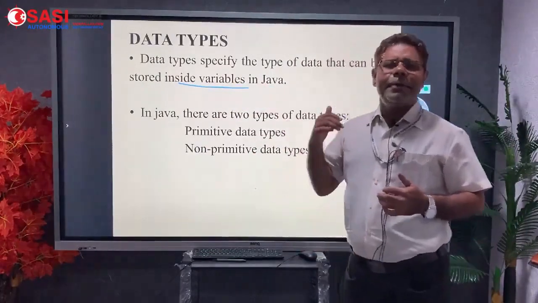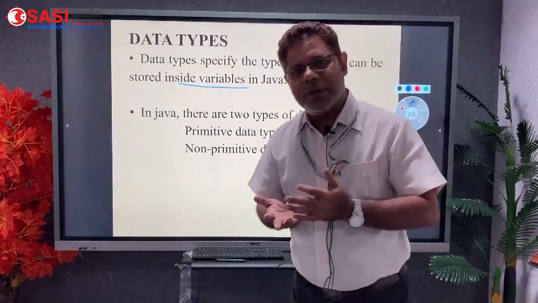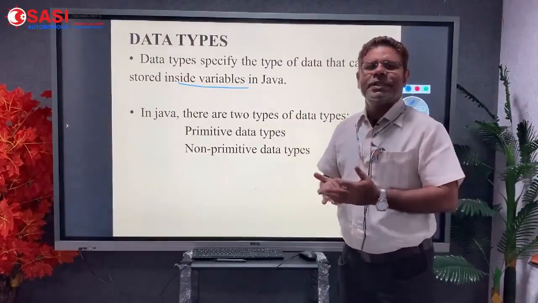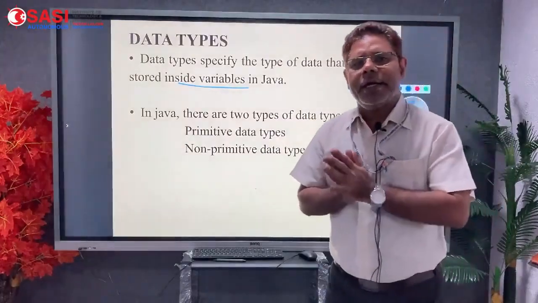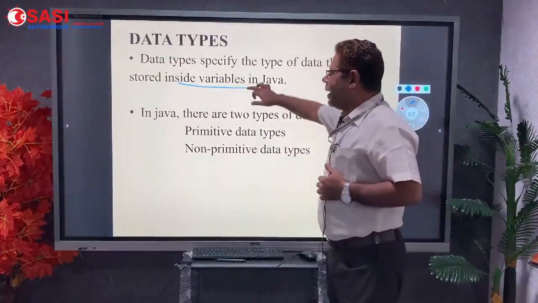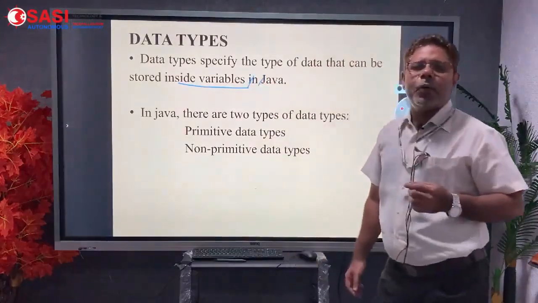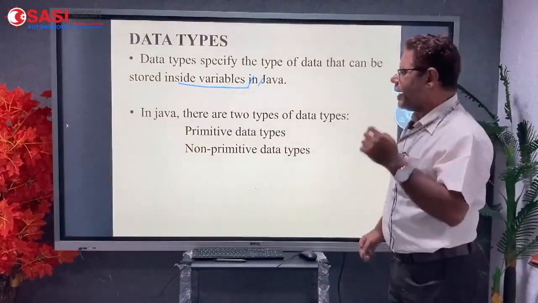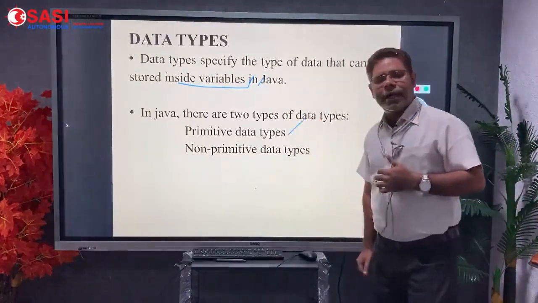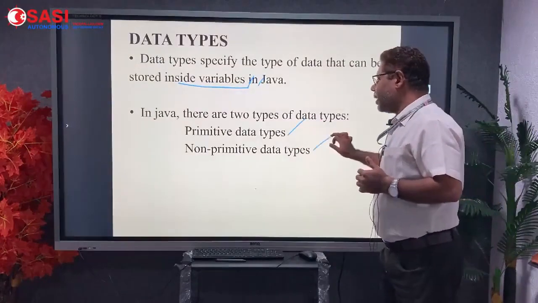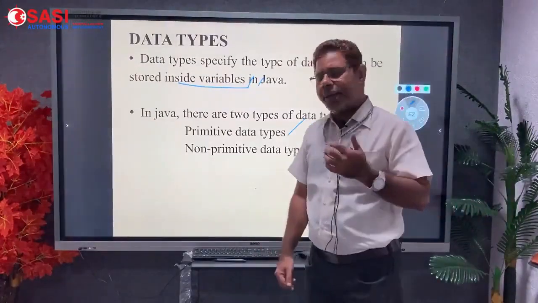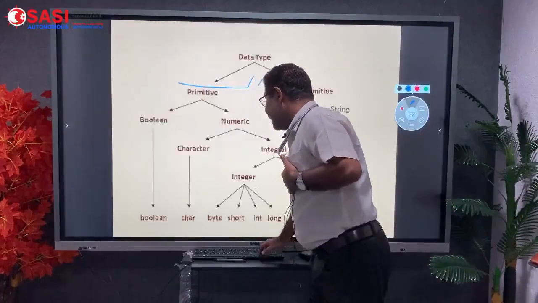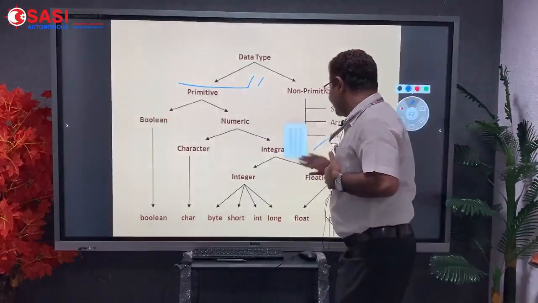Here we have different types of data: integer values, float values, string values. Now we can see what type of data can be moved into that variable. In Java we have two types of data types: the primitive data type and the non-primitive data type. We can see one by one what the primitive and non-primitive data types are. See this example, see this diagram.